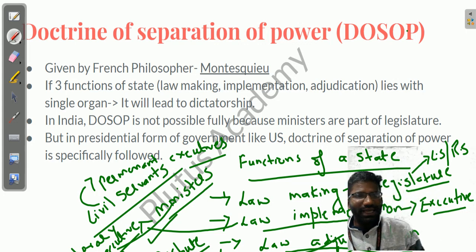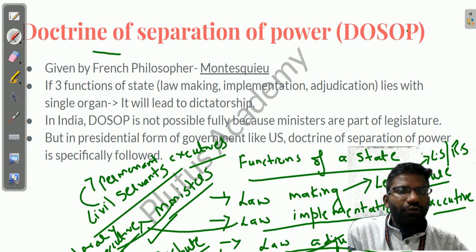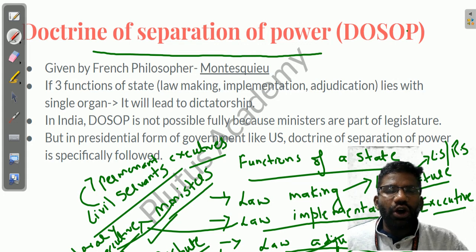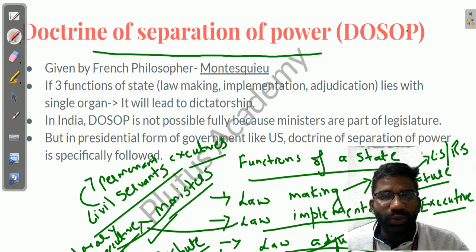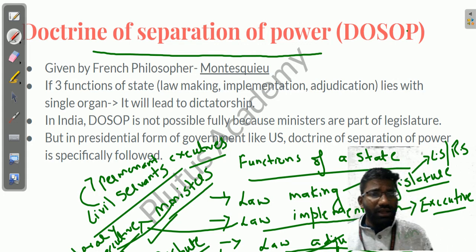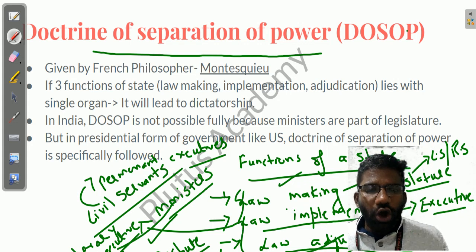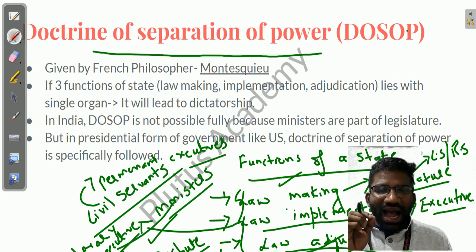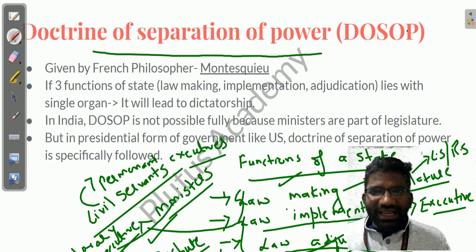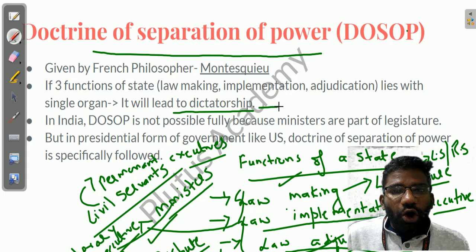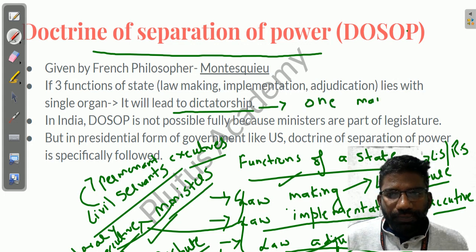Now, what relevance does it have with the doctrine of separation of power? Our topic is the doctrine of separation of power. What relevance do law making, law implementation and law adjudication have with it? See, if all these functions of a state stay with a single authority, then it will lead to dictatorship or one man rule.